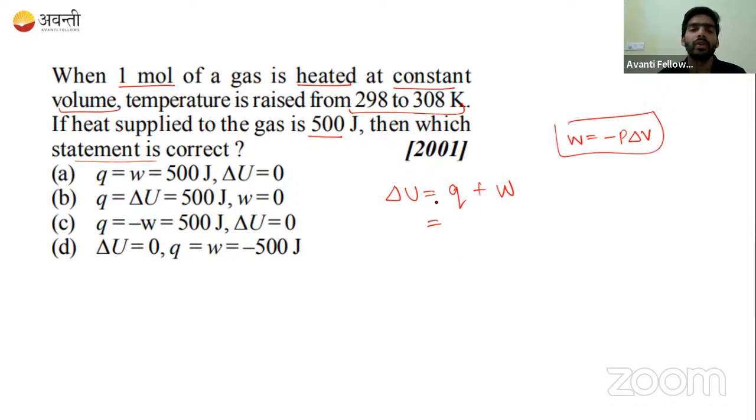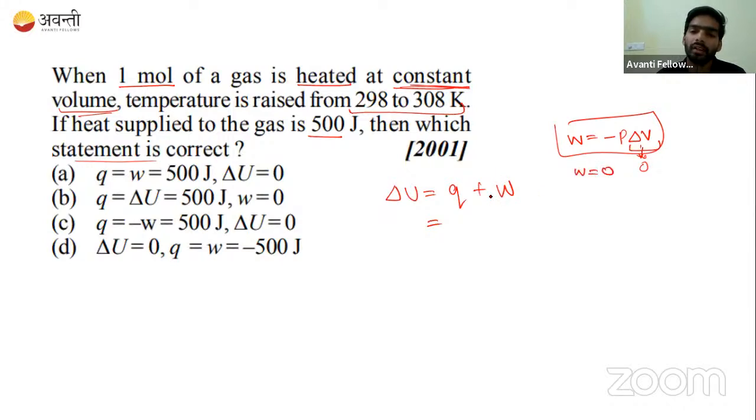Okay, so just read the question once again. It is telling about the constant volume. What does it tell about the constant volume? If the volume is constant, that is, if there is no change in the volume, this will become zero, and if this becomes zero, then work done will become zero.